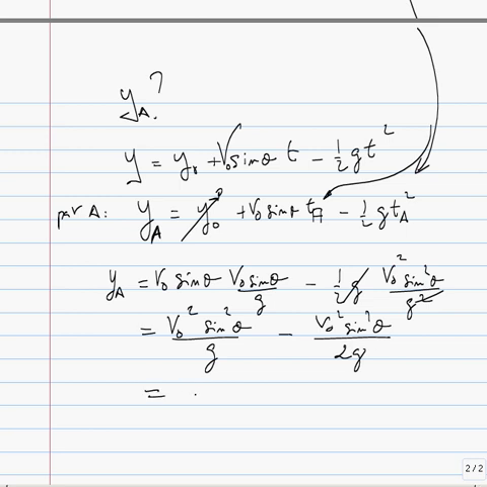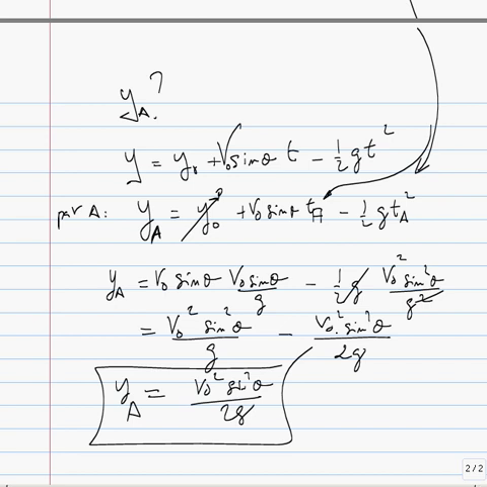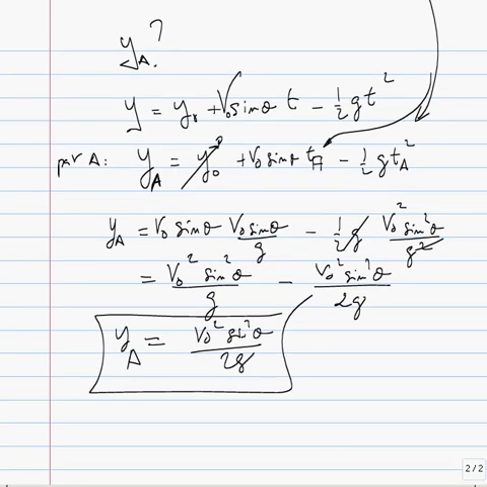So, we can combine the two: v naught squared, sine theta squared, over 2g. Done. Again, v naught is a constant, theta is a constant, g is a constant. We're able to figure out how high the ball is going to go. Very nice.